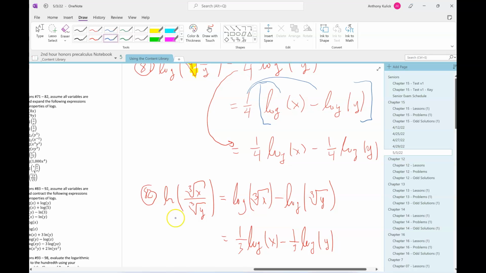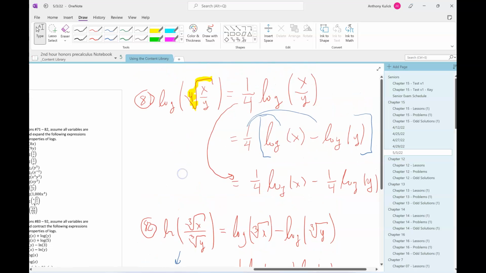It's worth mentioning here that if you wanted to, you could use your properties of exponents on the inside to rewrite that problem in that fashion and do it the same way we did the first one. Or on the first one, you could take your properties of exponents and rewrite it like that and do it the same way we did the second one.